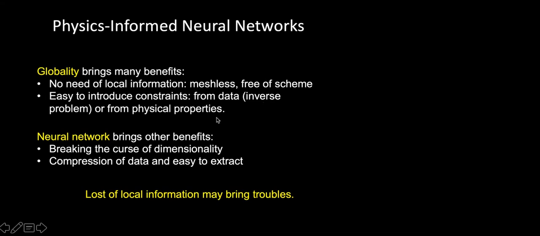And I think there are other benefits introduced by the neural network, for example, dimensionality reduction and compression of data, which are easy to use. I will show an example of this later. But the lack of local information may bring troubles.